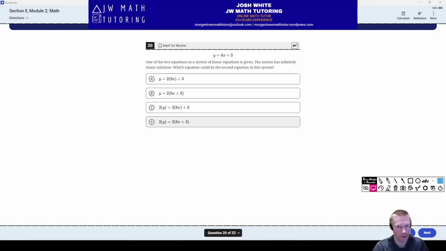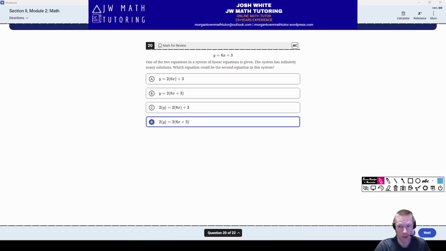So in this problem, that is answer choice D, because you take the left side and multiply it by 2, and you take the entire right side and multiply it by 2 as well. So the correct answer is going to be letter D.